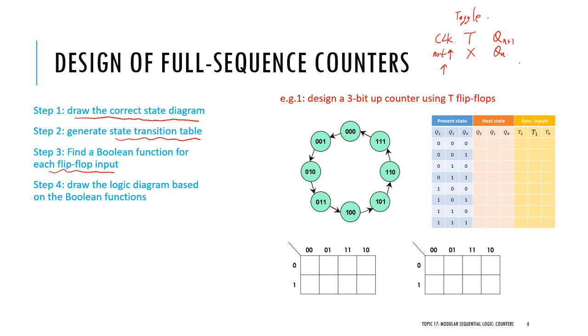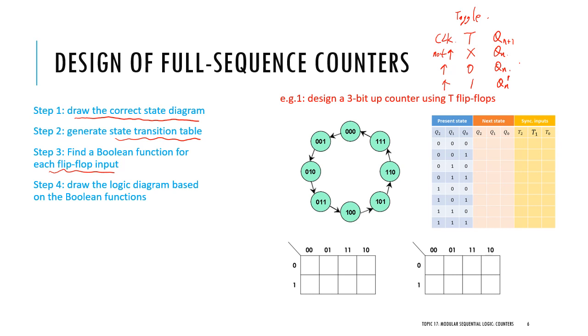When a clock rising edge comes, if T equals 0, Q still does not change. So this is the no change state. But if T equals 1, then the output will toggle, so Q prime or Q bar. That's how the T flip-flop works.